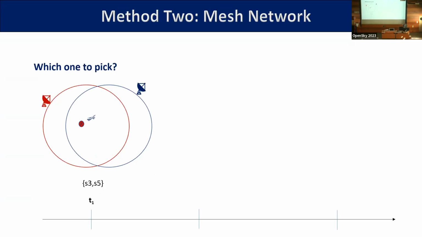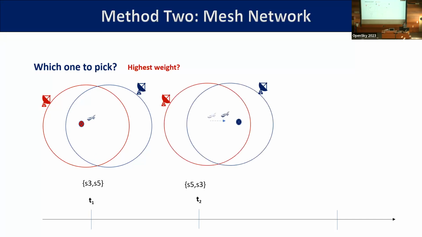If we assume in this scenario that the message is received by sensors number 3 and 5, and then at time 2, it's received by 5 and 3, we're still receiving the same thing. At the first time, it's received by the point that is closer to sensor number 3, but the second time, it could be received by sensor number 5.